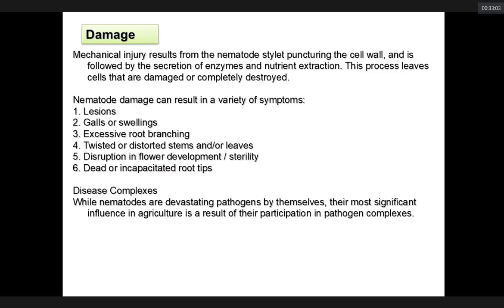Write it down, effector. So the nematode will secrete, or spit, for example, some liquid from the salivary gland, and those liquids are known, like the root exudate, as effectors.